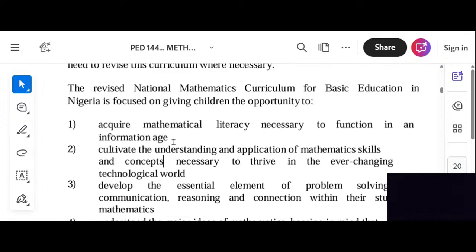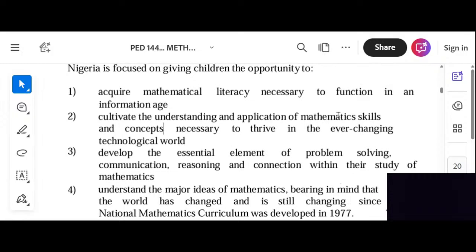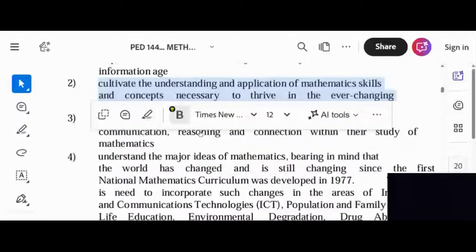We are actually in the information age, and children need skills in this age in order to function, because knowledge seems to be running faster than the world itself. That means the ability to perform mathematical functions where necessary. Second, they should cultivate the understanding and application of mathematical skills and concepts necessary to thrive in the ever-changing technological world.